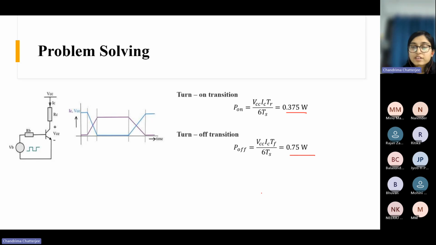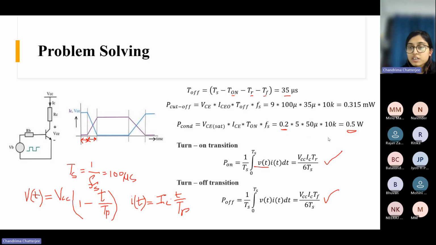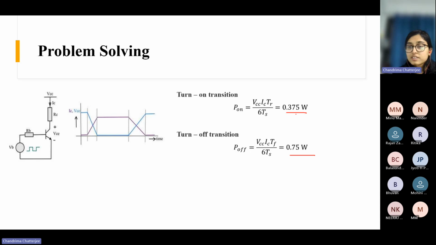So if you add all these losses, the conduction loss and this loss, we will have the total loss. So P total would be P conduction plus P switching.